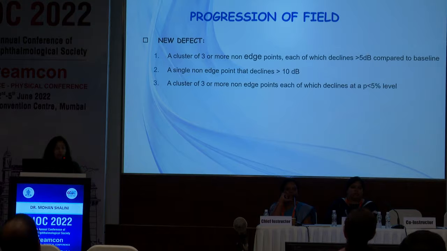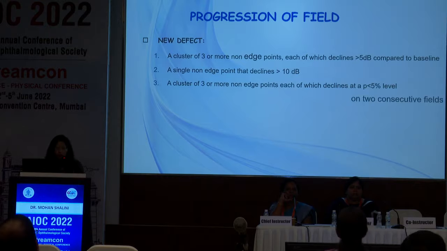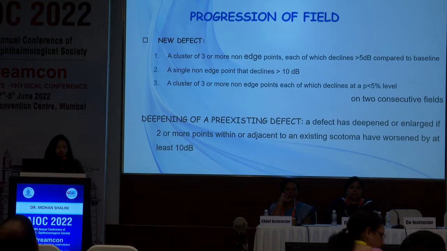Another criterion is a single non-edge point which has gone depressed by more than 10 decibels, or a cluster of 3 or more non-edge points, each of which has declined at the 5% level. Then we know that a new defect is there for the patient, and that means he has progressed. This should be seen on 2 consecutive fields.